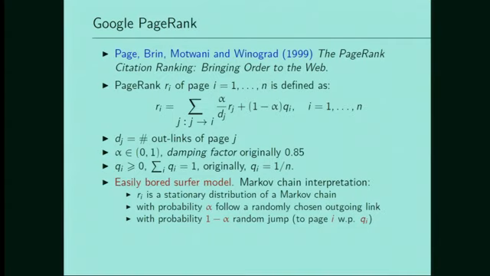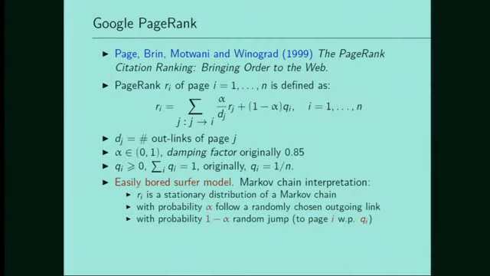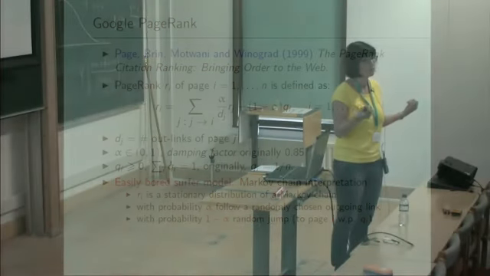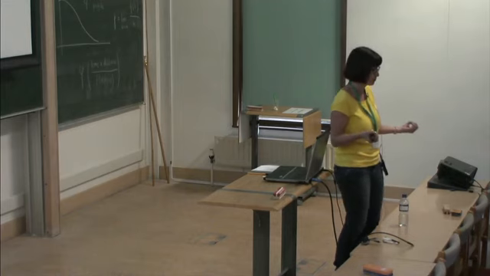The only thing that is not very precise here is that this is a system of linear equations that you can interpret as a random walk, except that on the web there are a lot of pages with no outgoing links. And those are, of course, not a part of this equation. If you want the random walk interpretation, then you have to decide what to do with those.